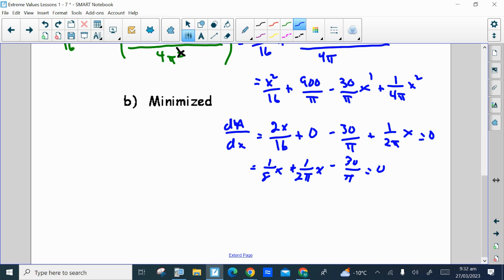My common denominator there will be 8 pi. So I need to multiply the first term, top and bottom, by pi. So that'll be pi x plus, I need to multiply the bottom, top and bottom, by 4 to make that 8 pi. And that will equal 30 over pi if I move the 30 over pi to both sides.